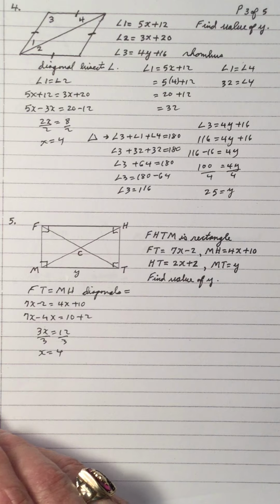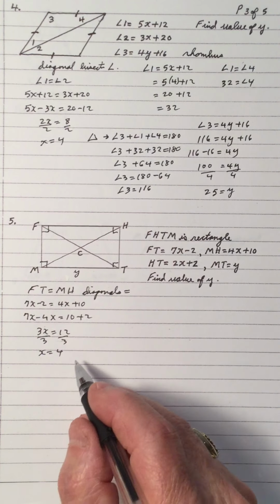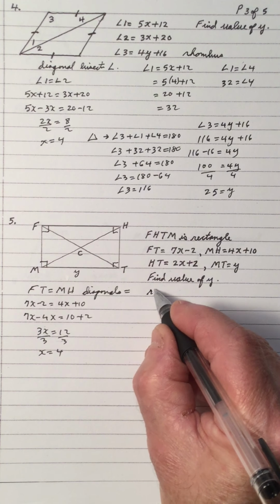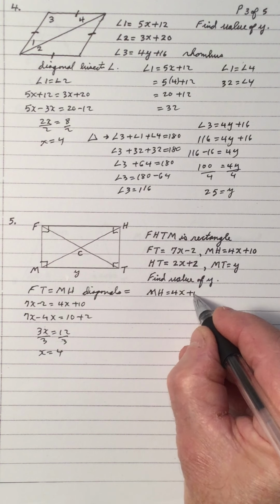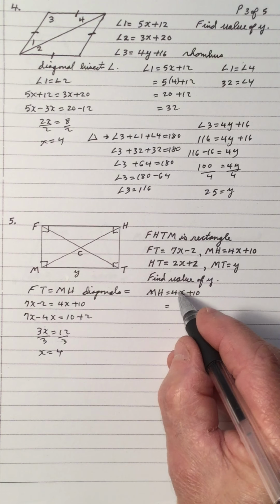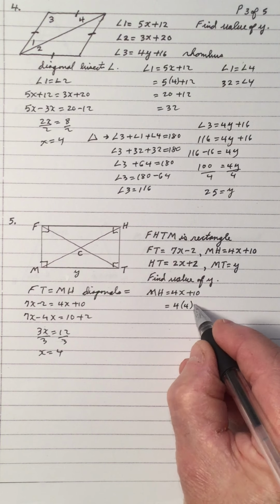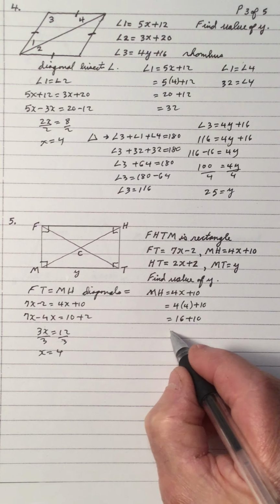So if x is equal to 4, and we got the length of a diagonal, so that means we have MH is equal to 4x plus 10. So that means that x is 4. So that's 16 plus 10.